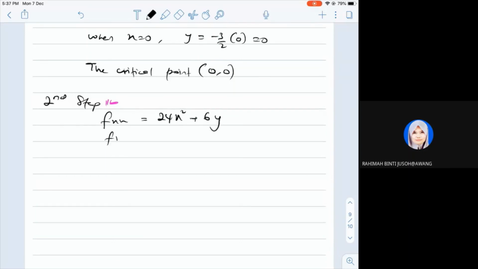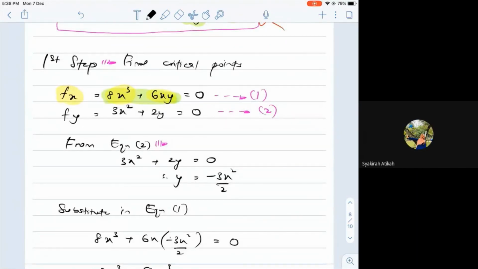And then fxy, fxy ni nak refer pada apa? Kita nak differentiate, kita nak tengok function yang mana? Nak differentiate fx lagi lah. Kita refer pada fx lagi lah. Tapi kali kedua ni kita differentiate terhadap y.